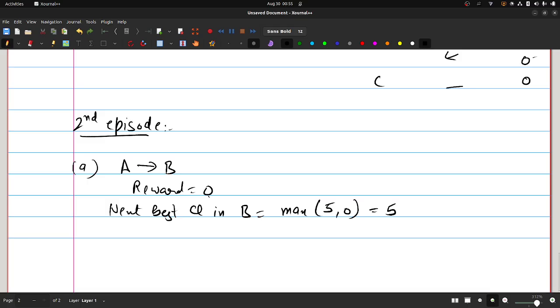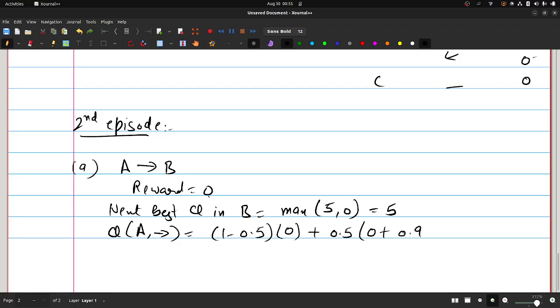So the Q value for state A when it takes a right action is equal to 1 minus alpha times the Q value of state A, which is 0, plus alpha times reward 0 plus 0.9 times the max value of Q in the future state B, which is equal to 5.